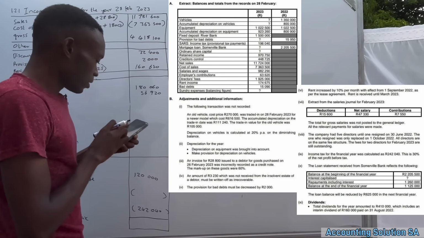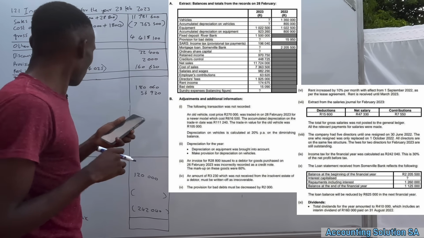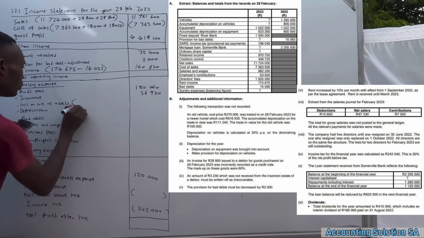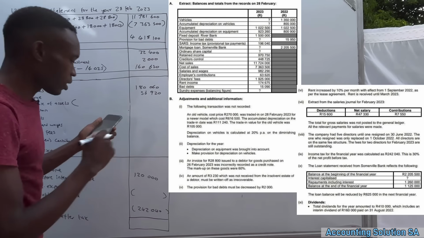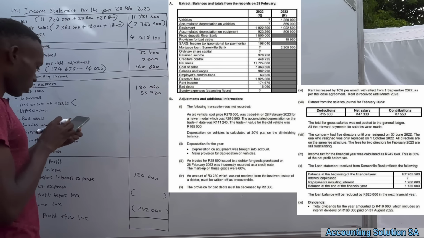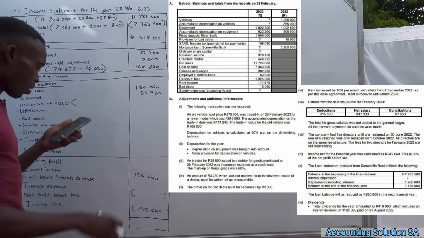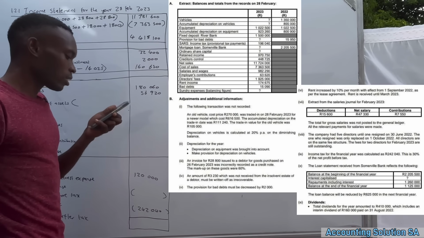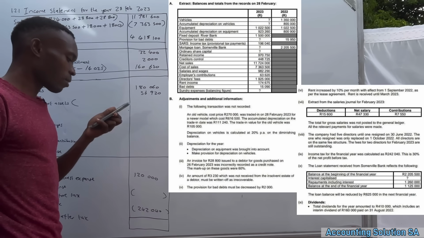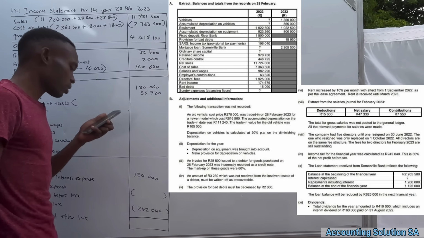Okay, under expenses, expense number one that we are going to deal with is loss on sales of assets. Because these two we already done, they were there on the answer book. Loss on sales of assets, let's look at transaction number one. An old vehicle cost price of 270 was traded in on 28 February 2013 for a newer model of 16,500.